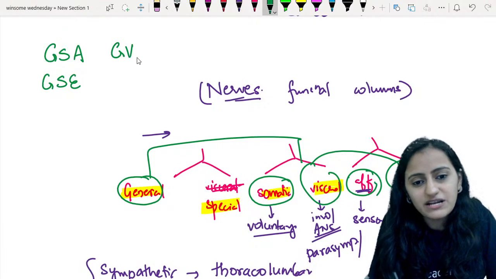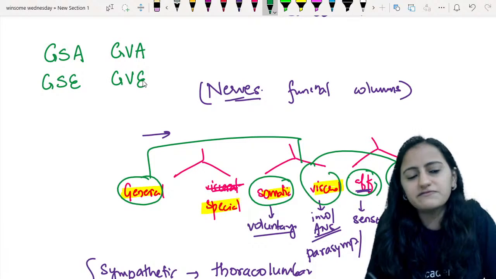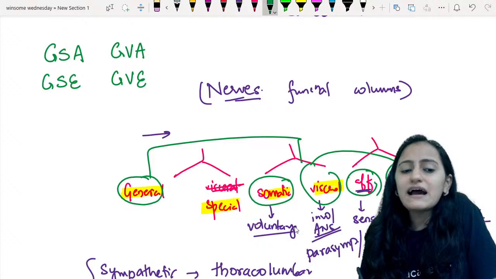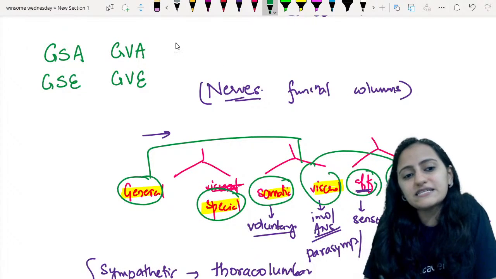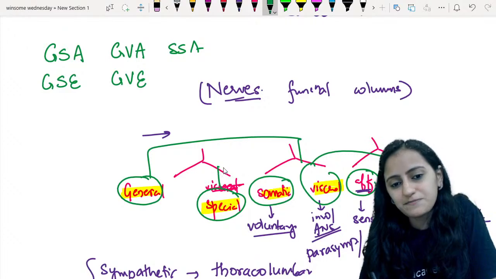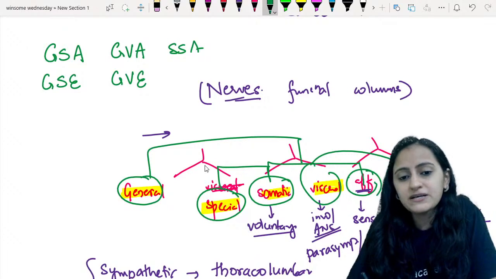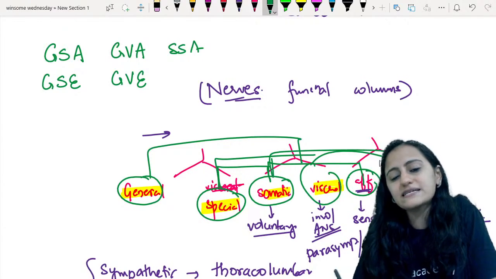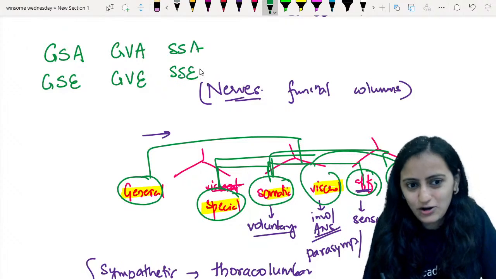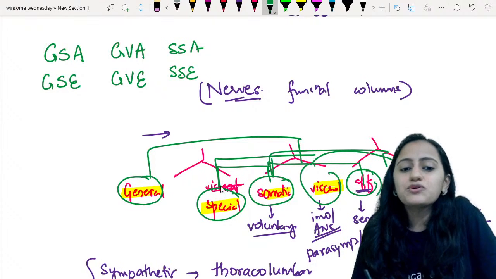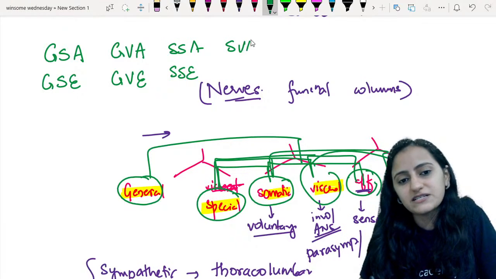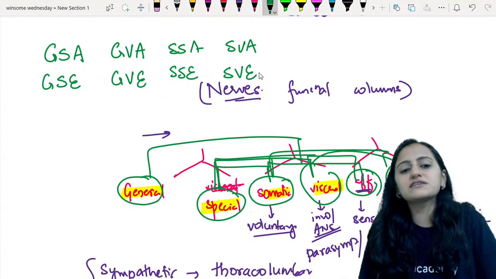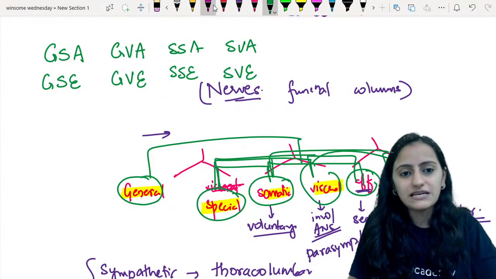You can have special somatic afferent and special somatic efferent. I'll come to which column is not present. You can also have special visceral afferent and special visceral efferent.